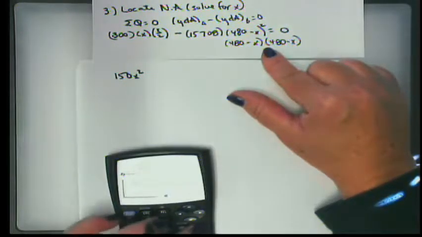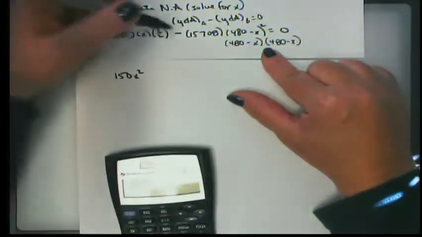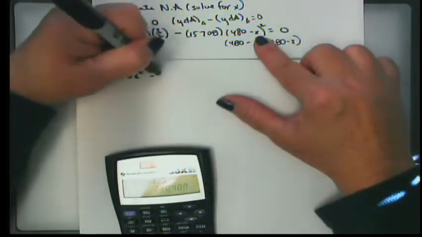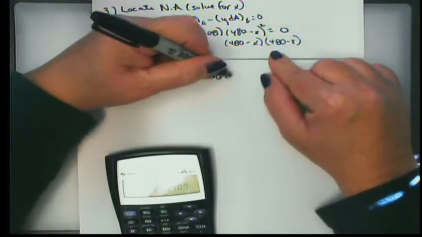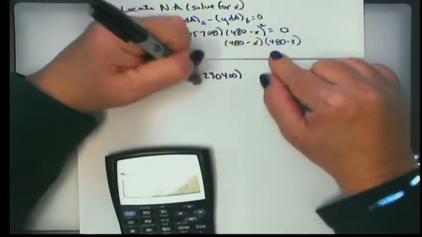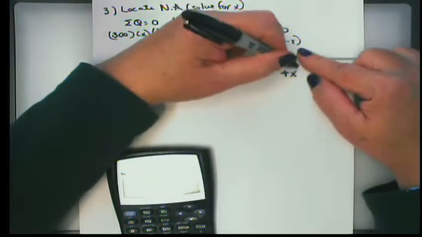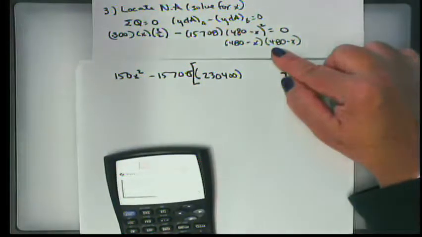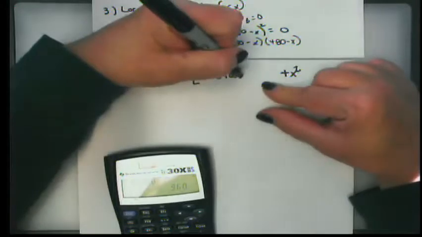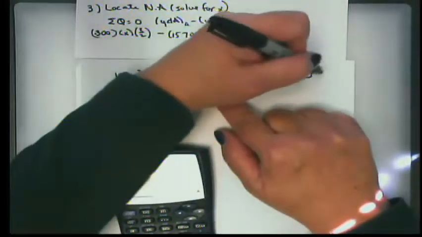So let me go ahead and clear this. 480 times 480 is 230,400. That's first, then I have to do last, plus x squared, and then in the middle I have 2 times 480, which is 960, minus 960x, and all that added together equals 0.